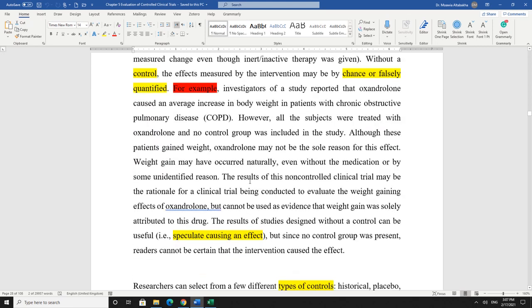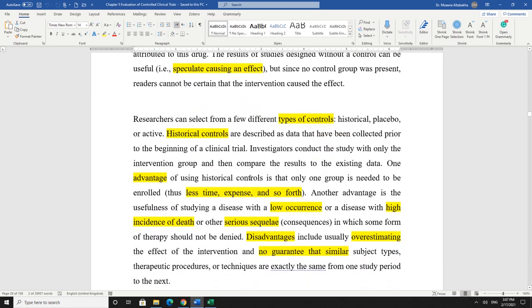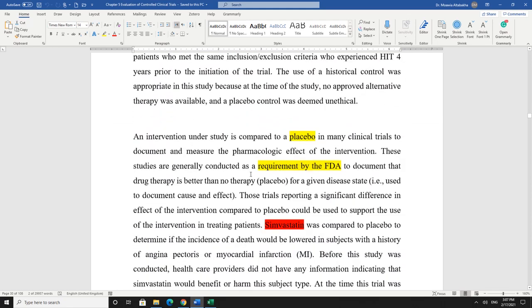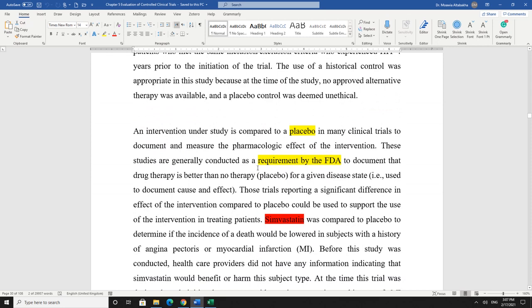Now, as I told you, placebo is one of the control groups, and let me talk about that, and then I will go back to historical data. First, why placebo? And this is an important question. The reason why we use placebo for control is that this is a requirement by the FDA.